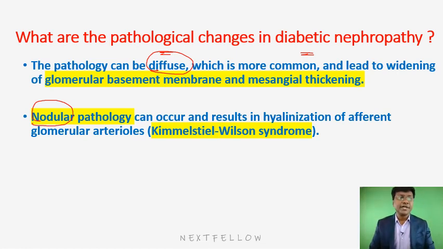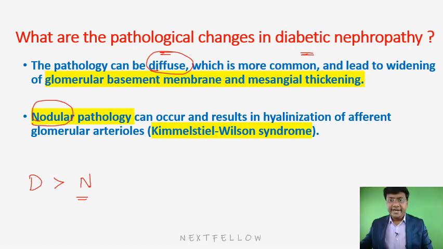So what are those diffuse changes? Let me tell you, the diffuse changes are more common than the nodular changes. The diffuse changes are widening of the glomerular basement membrane and mesangial thickening. That will be the most common change in diffuse glomerulosclerosis.